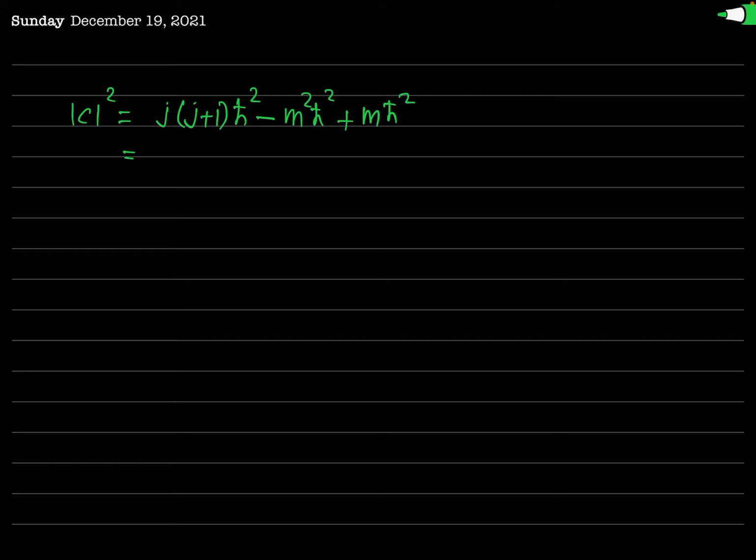Now in the RHS each term contains h bar square, so you can take h bar square as a common factor, and this will be j square minus m square plus j plus m. You can see the algebra, and this is h bar square.